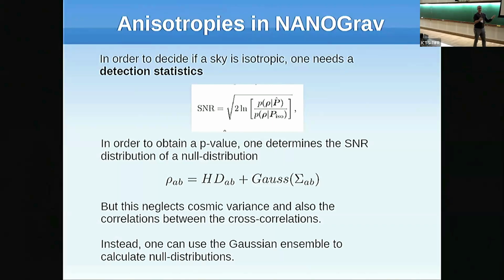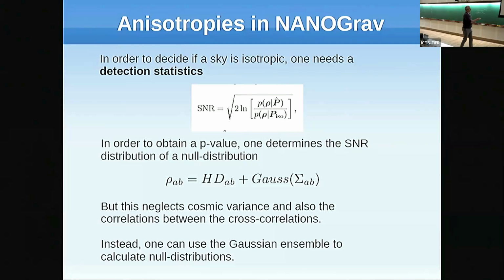Okay? And let's say this SNR is 3. So what does this tell you? Well, at this stage you don't know. Why? In the measurement there's always noise. Okay? So at this stage you would like to know, is this anisotropy that I'm going to measure from the noise or is it from the data? And how do you do this? Well, you construct a null distribution, meaning you take a model, which in this case is that the 2-point correlations are Hellings and Downs, plus the noise, so you know the noise from measurements.